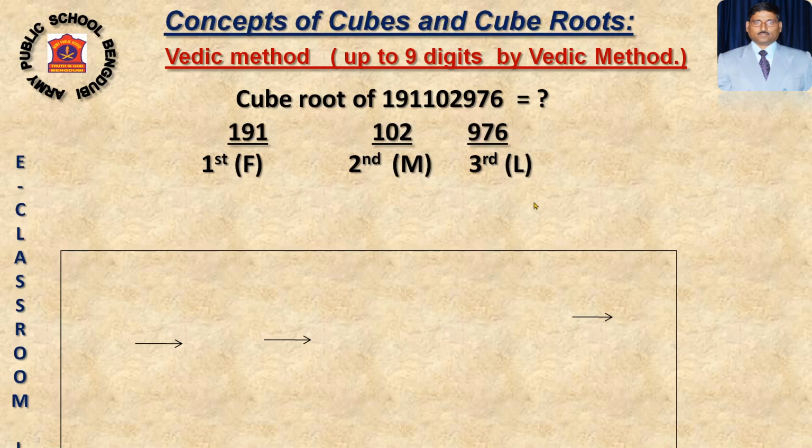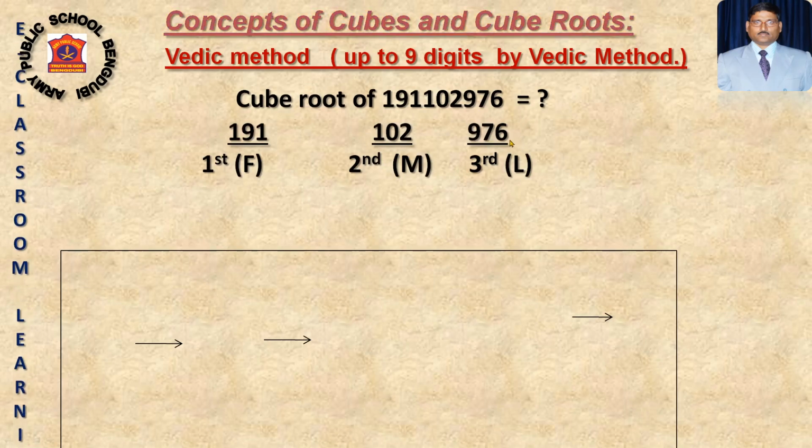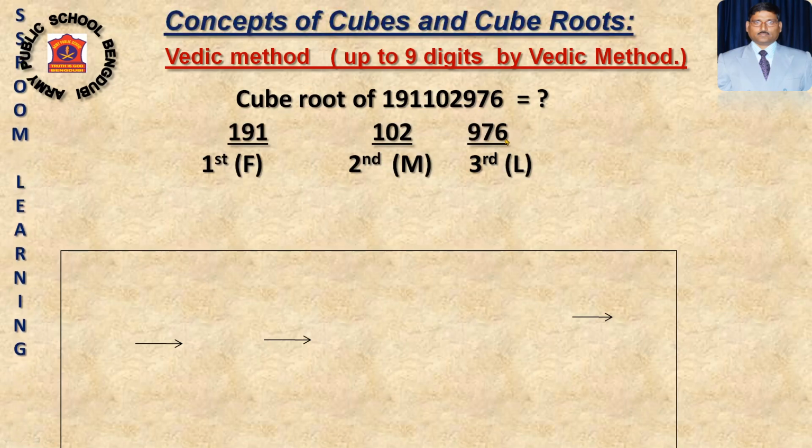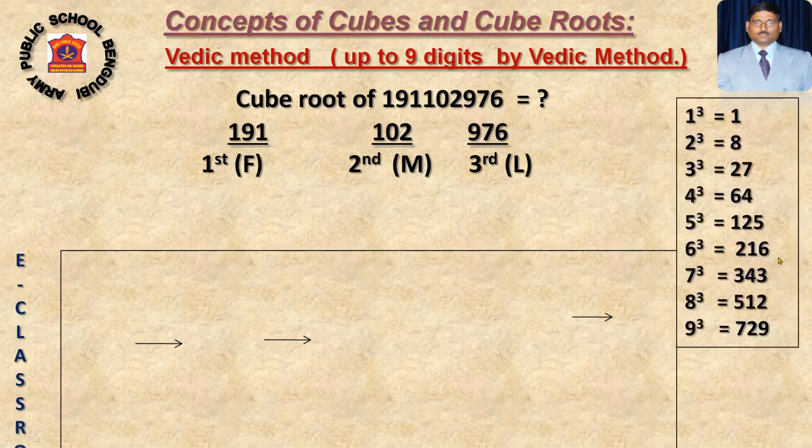Okay. So now the first answer will be from the last part. The number ends with 6. What will be the unit digit of the cube root? 6 will be 6 only. The chart you have to remember is the cubes of 1 to 10.